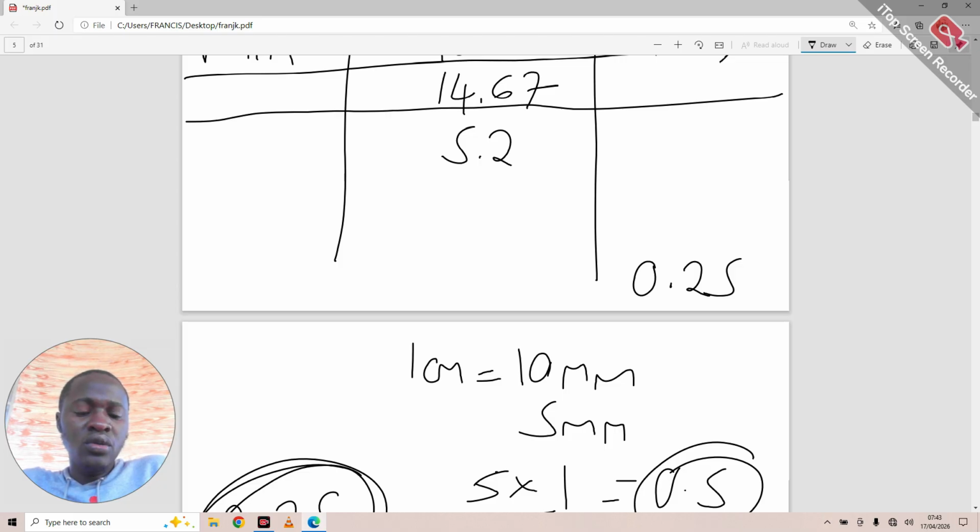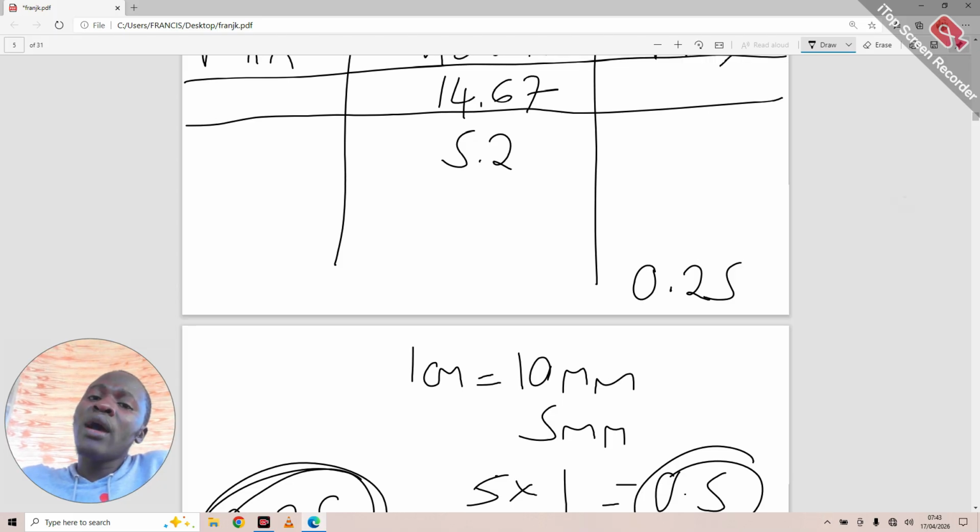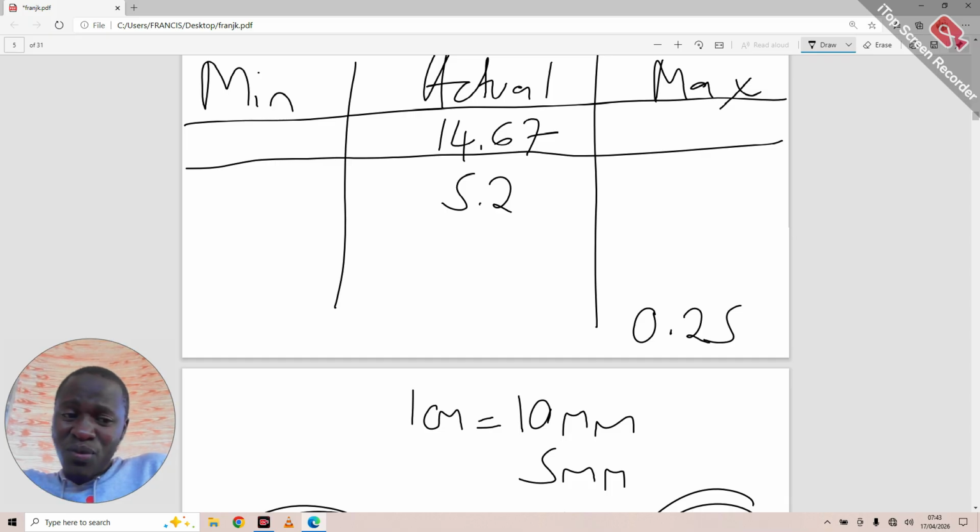Then divide by 2, you get 0.05. So a student who may not have understood will be using the accuracy of the given numbers, and that one is wrong. That one is wrong, guys. So make sure you understand that to the nearest really carries some heavy marks in that question.